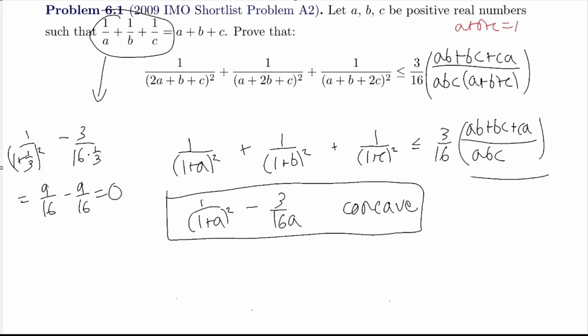But the important thing I want you to take away from this problem is how we first homogenized to get rid of this condition here, then dehomogenized to incorporate a plus b plus c equals 1, and then found this function here, which we wanted to prove an inequality about, and this was very suitable for Jensen. And Jensen ends up working out in the end.